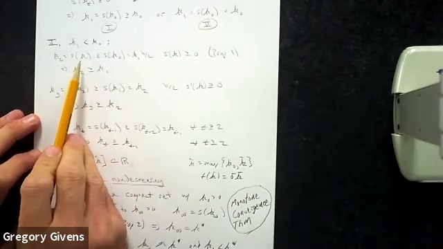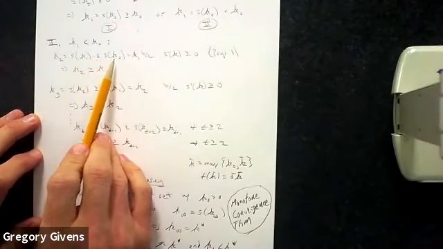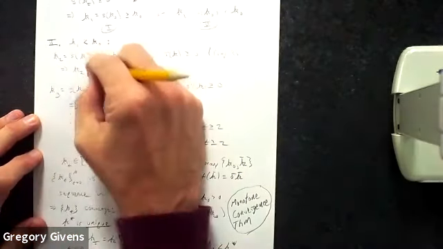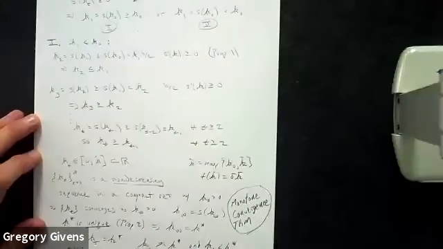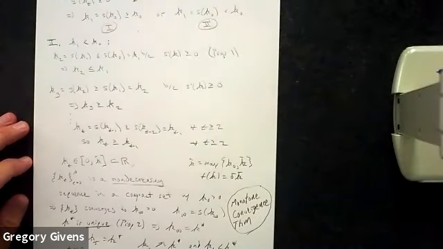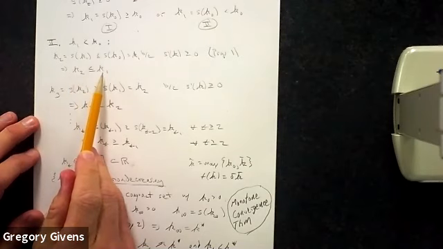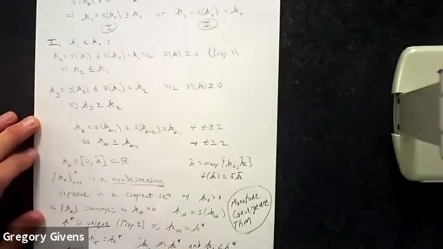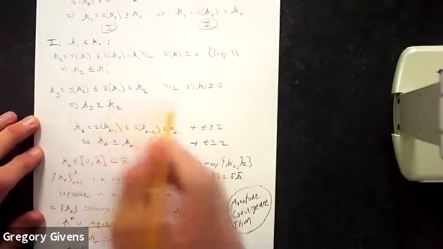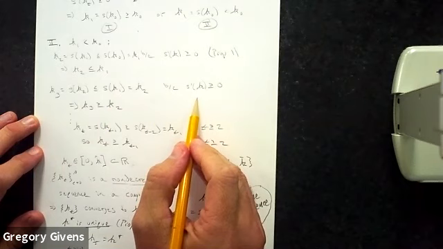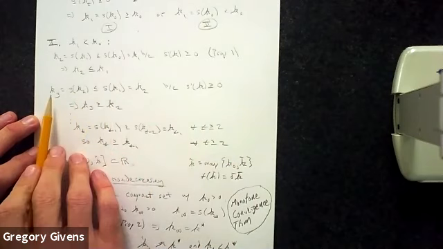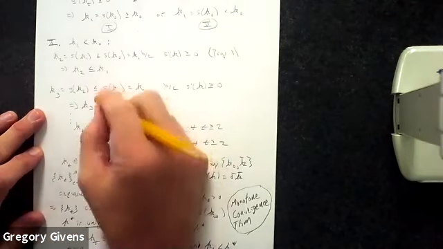Well, if S of K1 is less than or equal to S of K0, then that means K2 is less than or equal to K1, right? And if K2 is less than or equal to K1, then S of K2 is less than or equal to S of K1, again because the policy function is non-decreasing. And if S of K2 is less than S of K1, then that means K3 is less than or equal to K2.